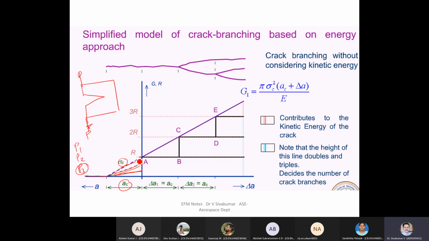After that, what will happen? It touches R, it is fixed grips.